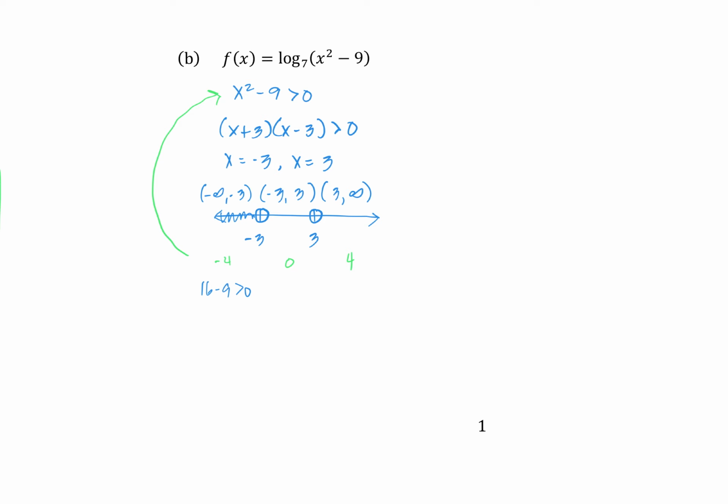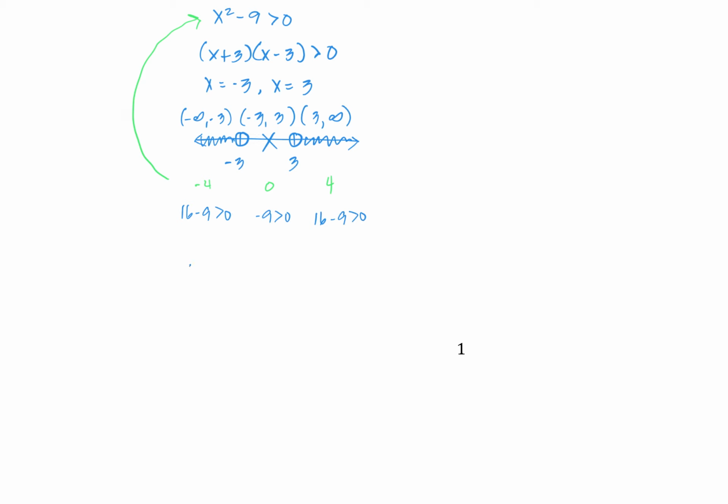If I put in 0, I get -9 greater than 0, which is false, cannot use. If I put in 4, again, I get 16 minus 9, that is greater than 0. In this case, the domain of the function is going to be negative infinity to -3 union 3 to infinity.